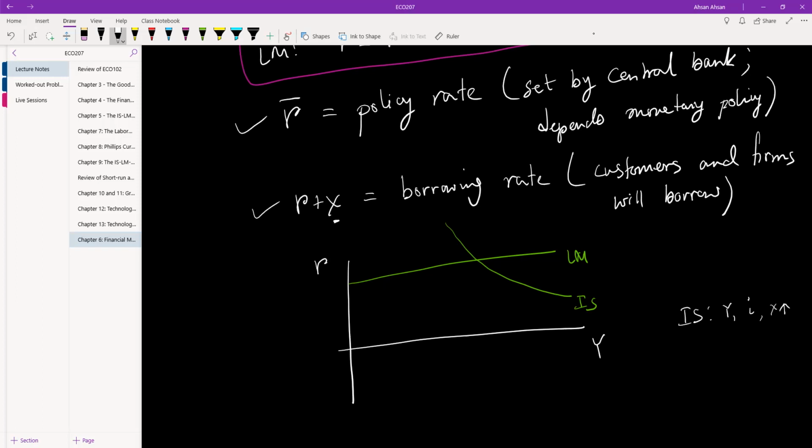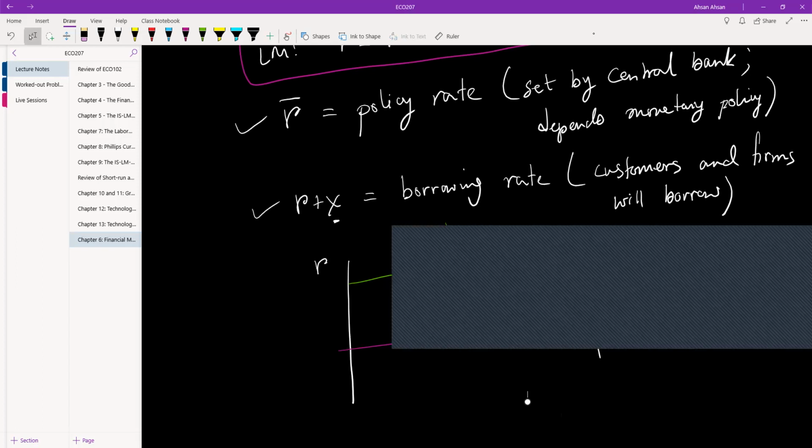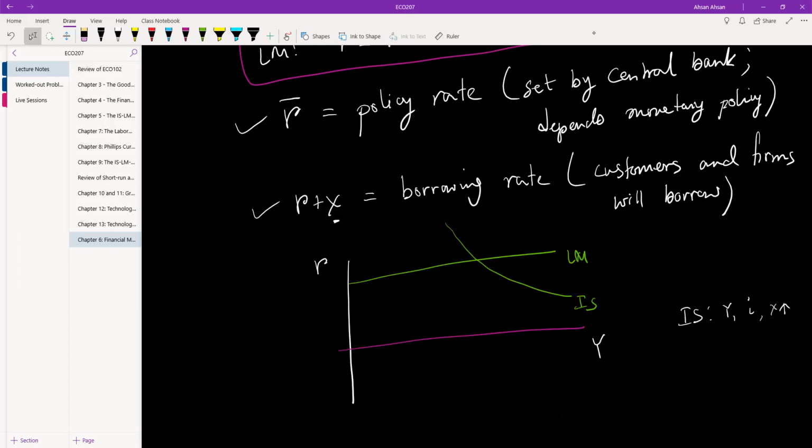And so what's going to happen in that case? The IS curve shifts. So that's the only difference really, is that we were not including the risk premium in our model previously in chapter 5, but in this chapter we are going to do it.